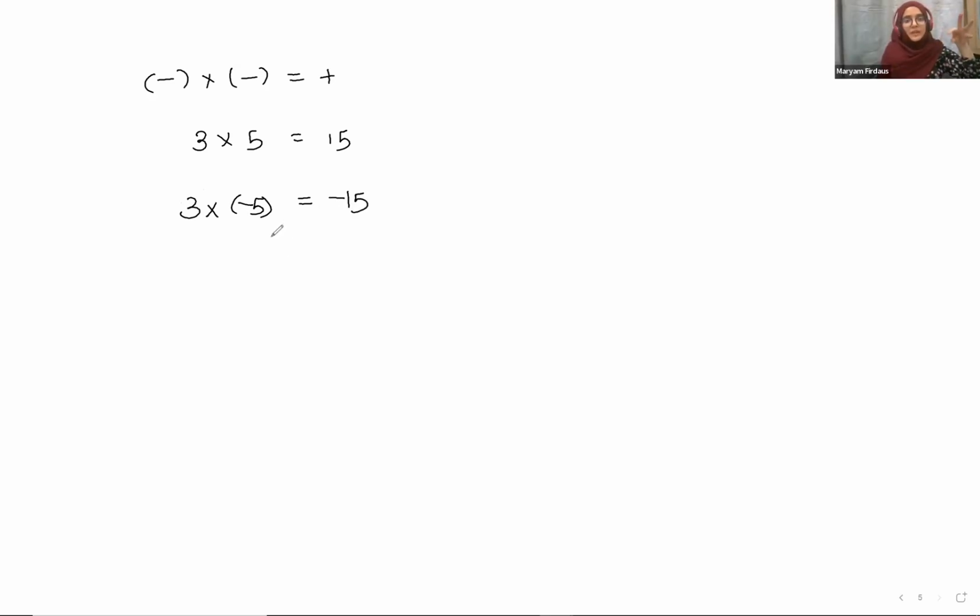So what you have done here is you have just multiplied 3 and 5, done 15, and then you added the negative sign, right? So now let's take another one. What is negative 3 multiplied by positive 5?